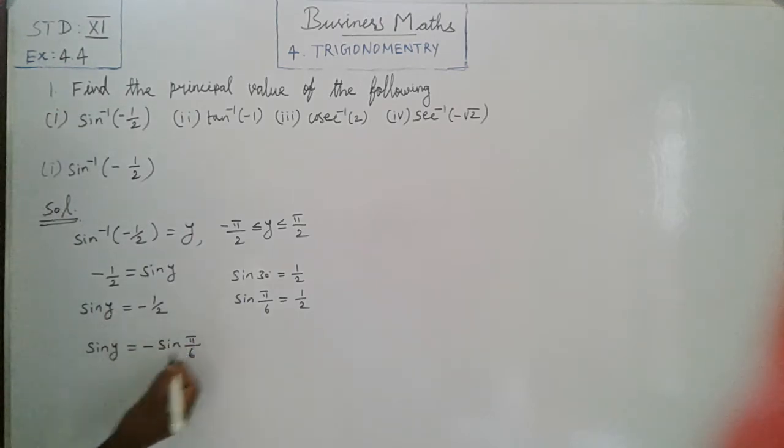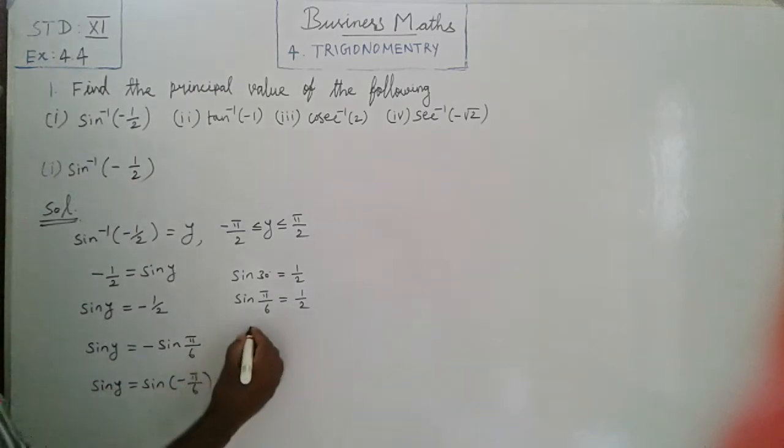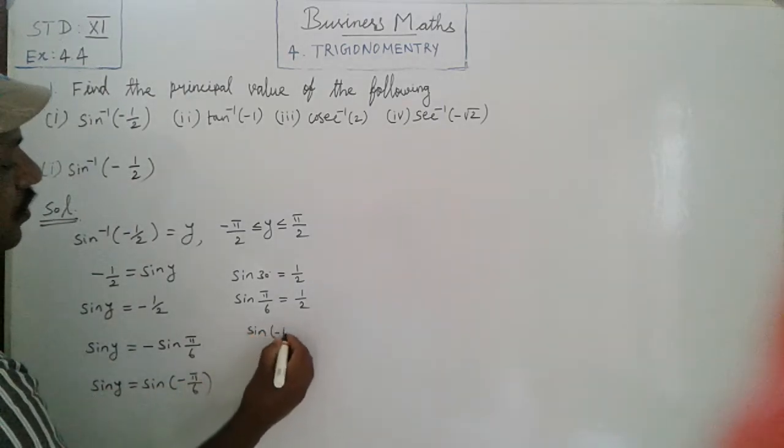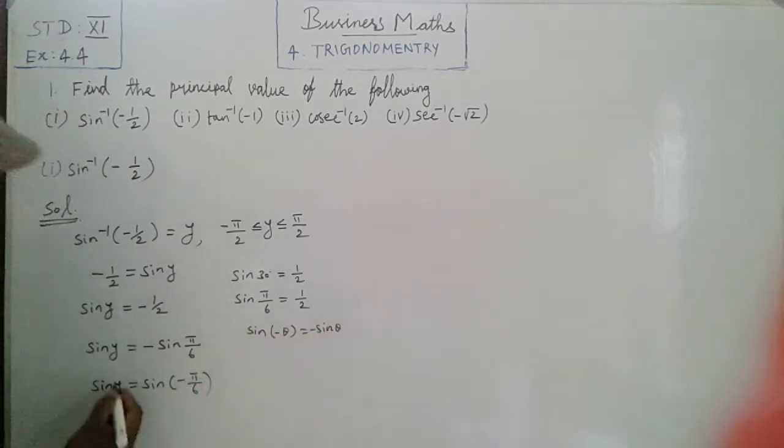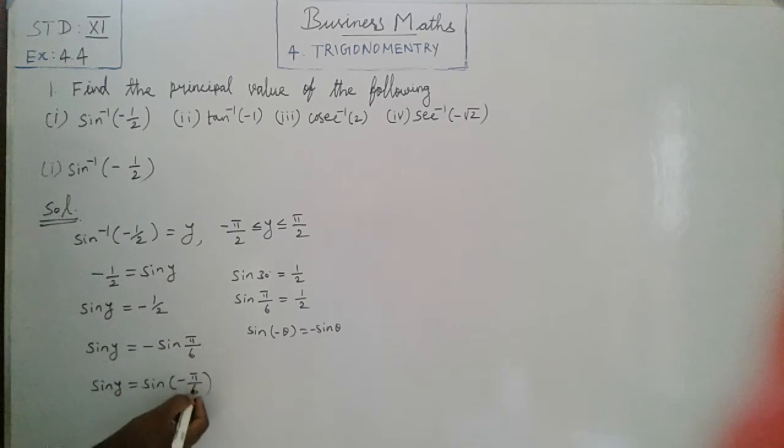We should take the minus inside, so what is it? Sine of minus pi by 6. Why? Sine of minus theta equal to minus sine theta. So minus sine theta, we take it as sine of minus theta. So sine of minus pi by 6.